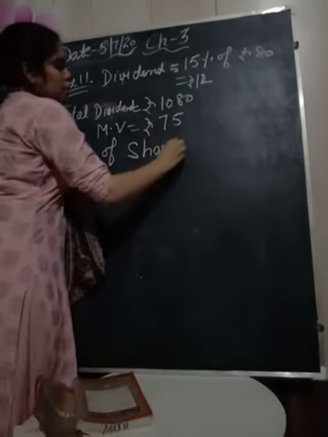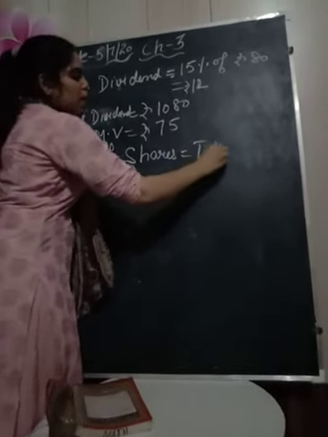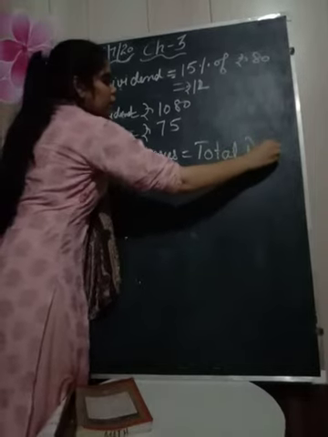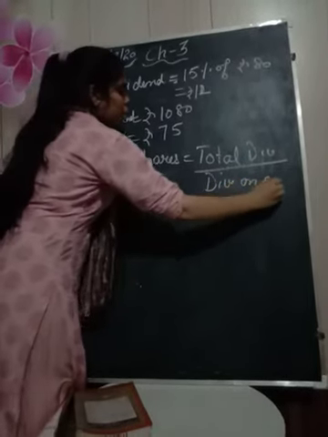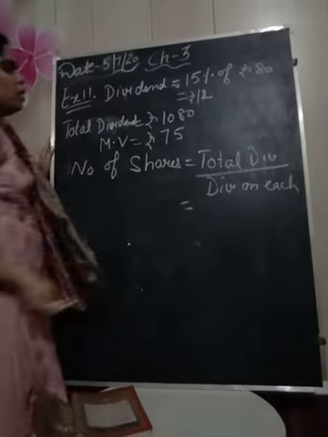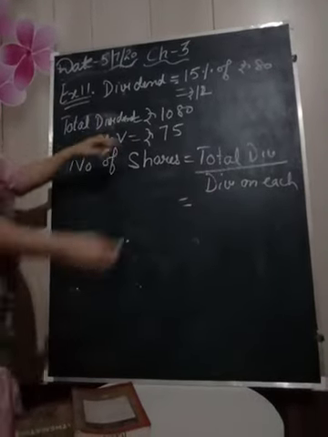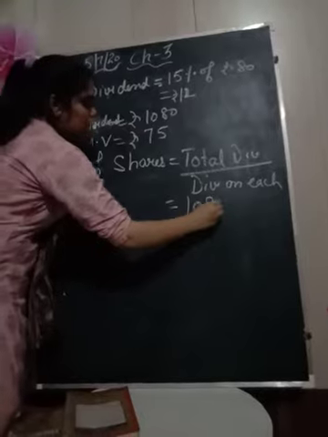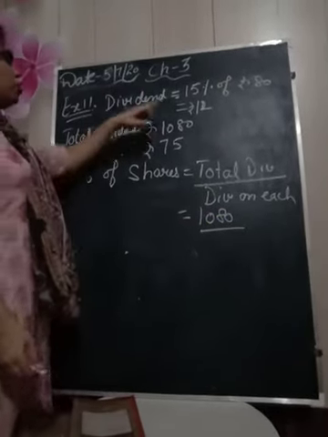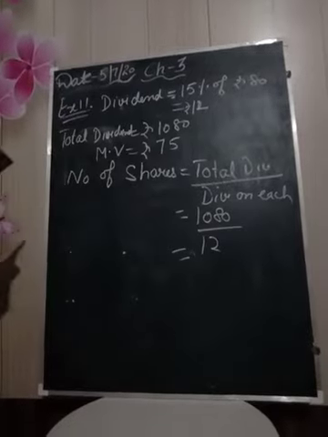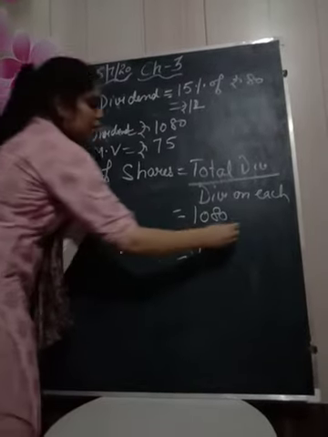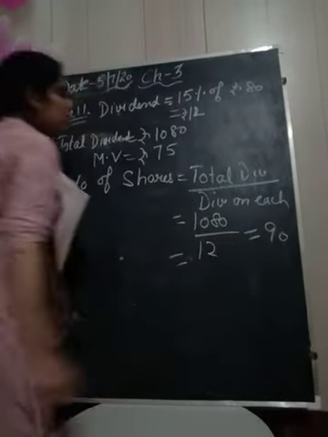Number of shares is equal to, what is the formula? Total dividend divided by dividend on each share. Total dividend is rupees 1080, and dividend on each share is rupees 12. By dividing, that comes as 90. So number of shares we have is 90.